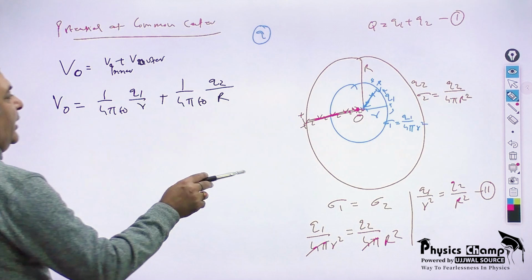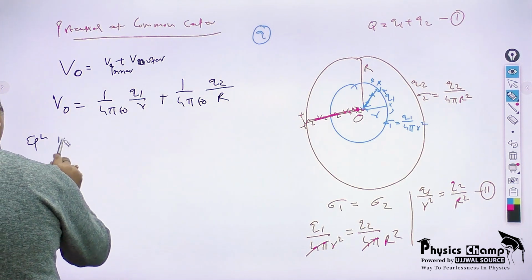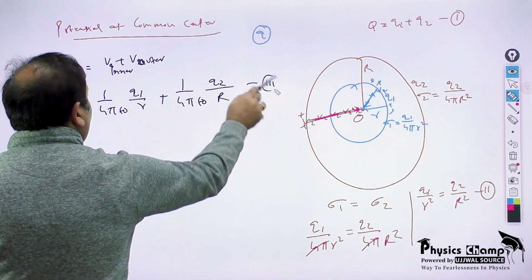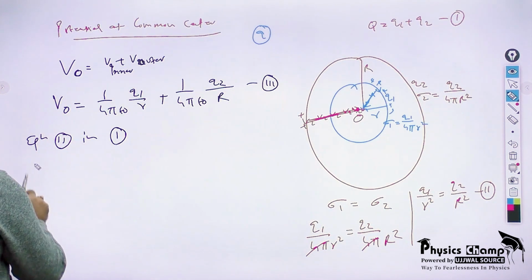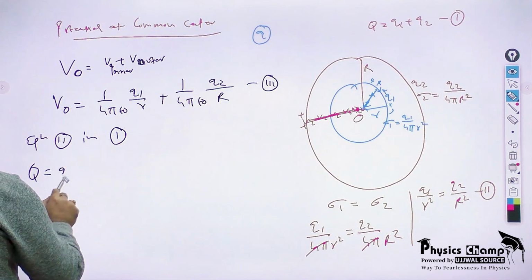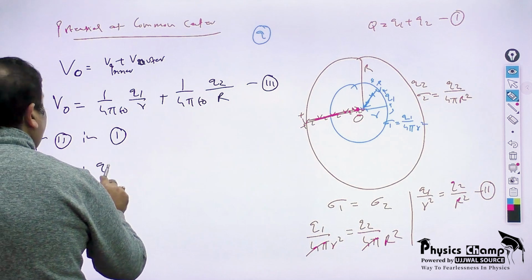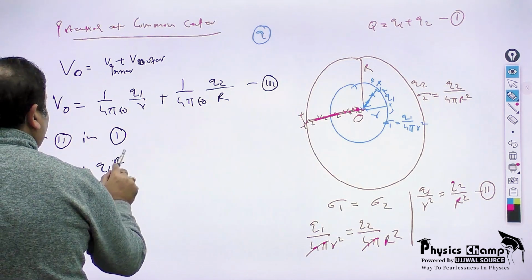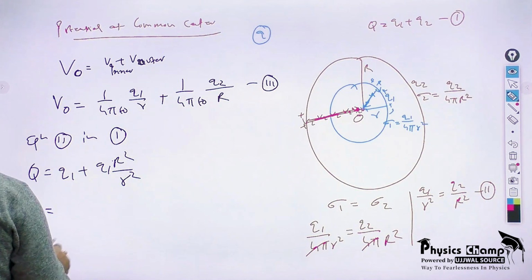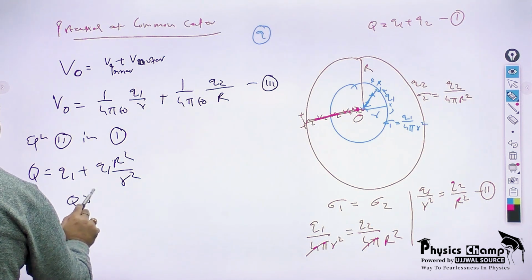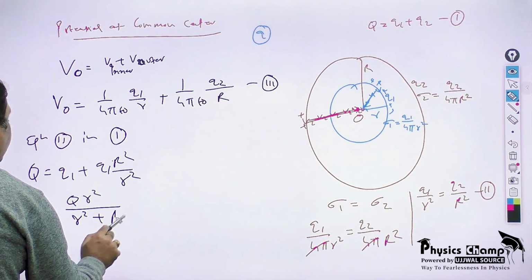I use equation 2 in equation 1, and call the result equation 3. So if I use 2 in 1, I will get Q is equal to Q1 plus, for Q2, I can write Q1 into capital R square by small r square. So Q1 comes out to be capital Q small r square by small r square plus capital R square.